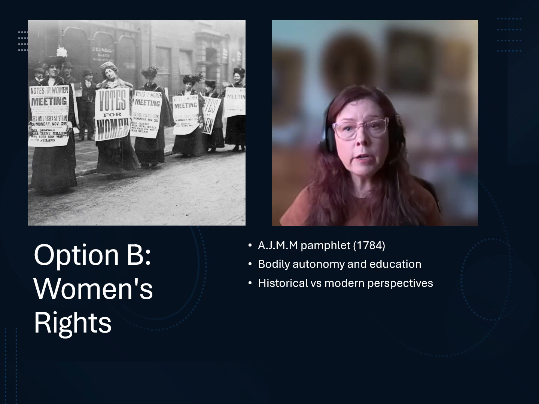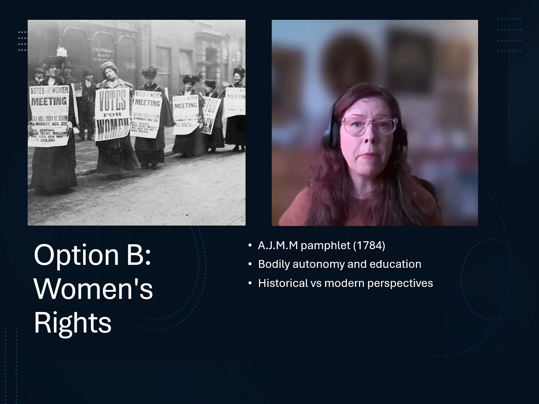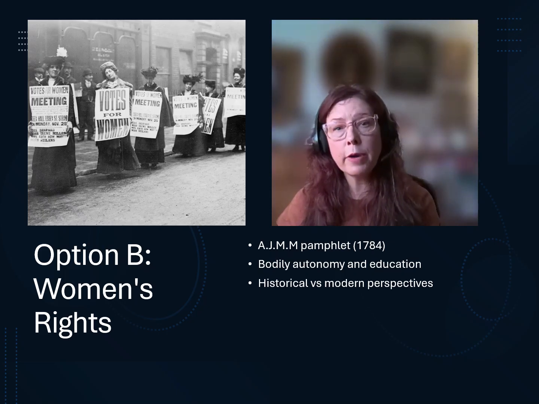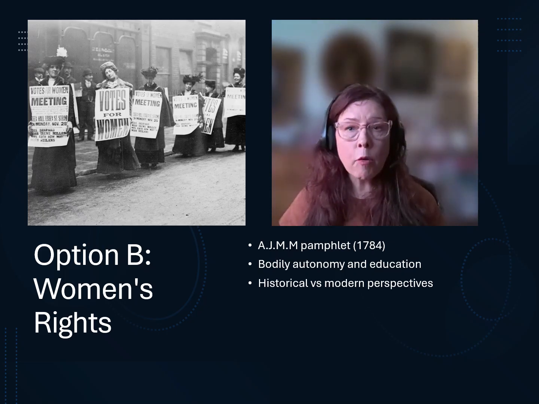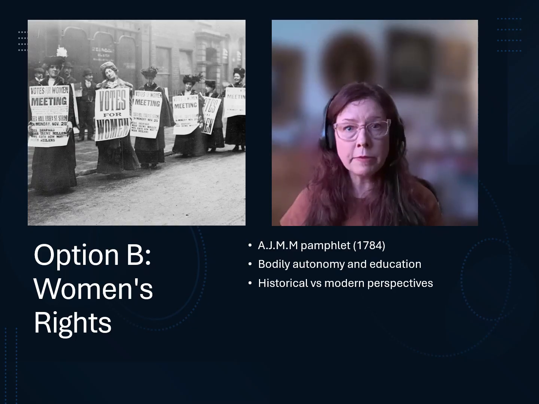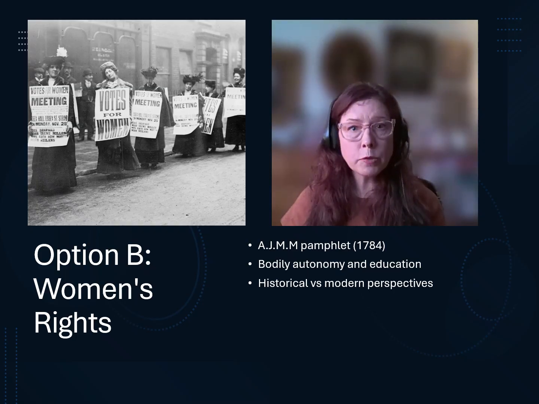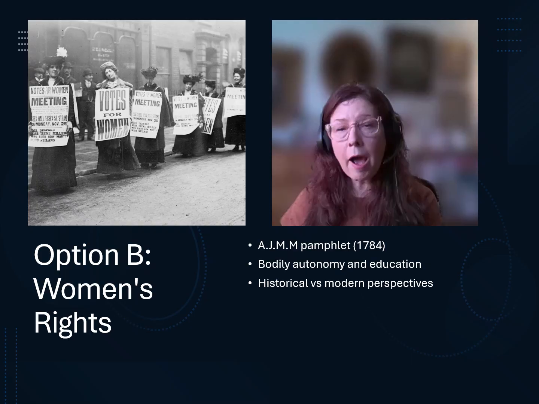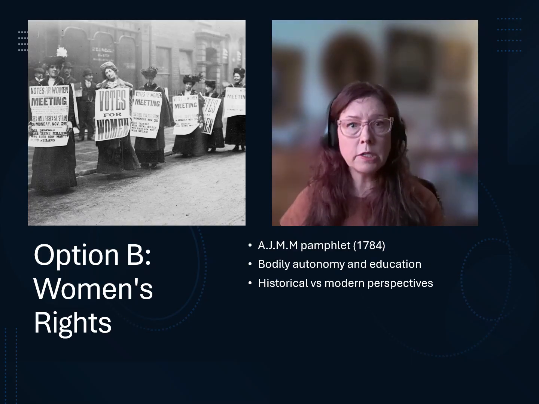Your goal here is to analyze both the past and the present, to think about what has changed and what hasn't. So you will be writing just a short response, about 2 to 3 paragraphs, where you describe the issue that you chose, explain how it connects to historical ideas about women's rights, and then reflect on how those ideas are still shaping conversations today.